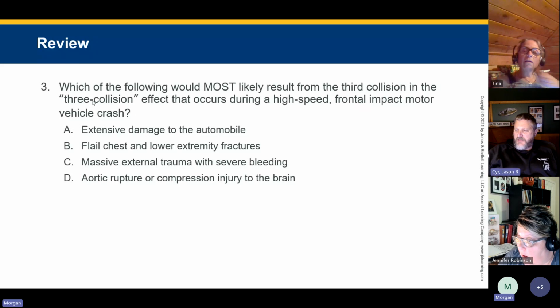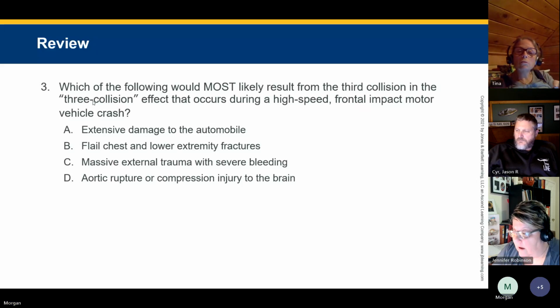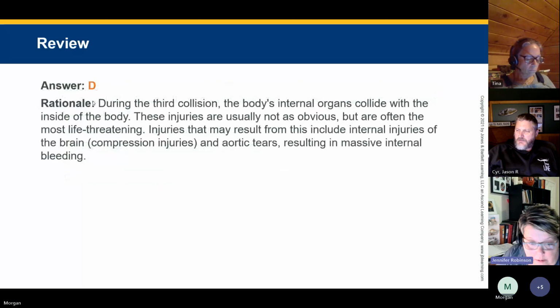The third collision is after the vehicle hits the tree, and then your body hits whatever, and then your organs. So I would say D. Yeah, that's when your organs and the aorta will just tear.